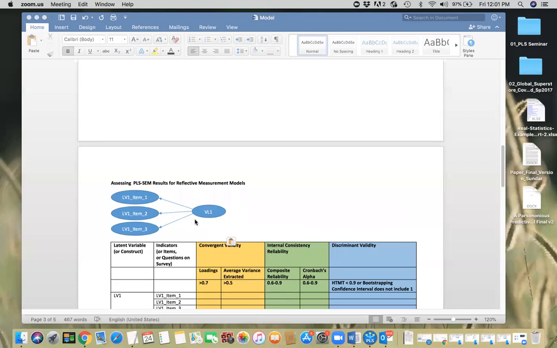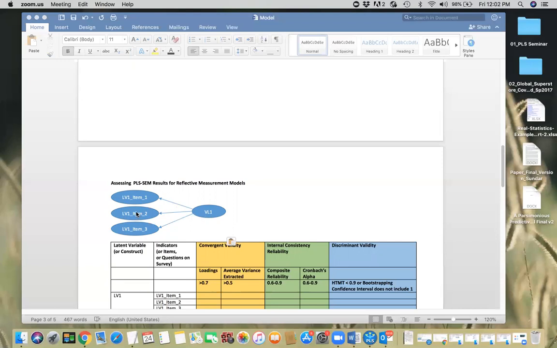It simply means that we are trying to measure this latent variable using 3 items. These items are highly correlated to each other.